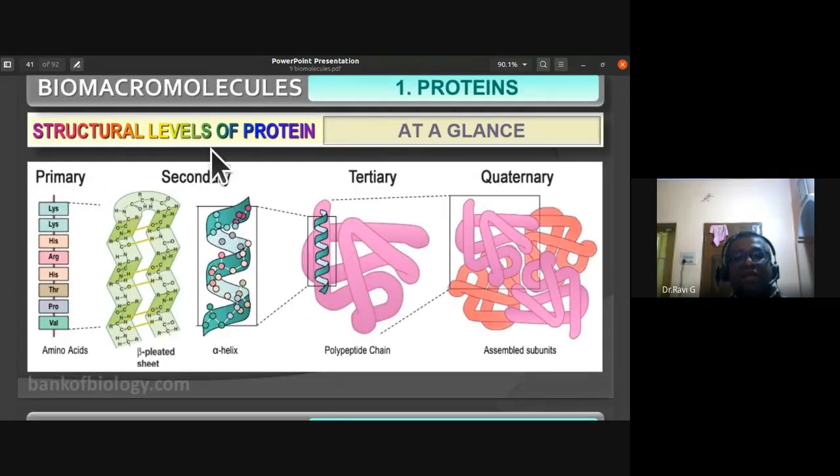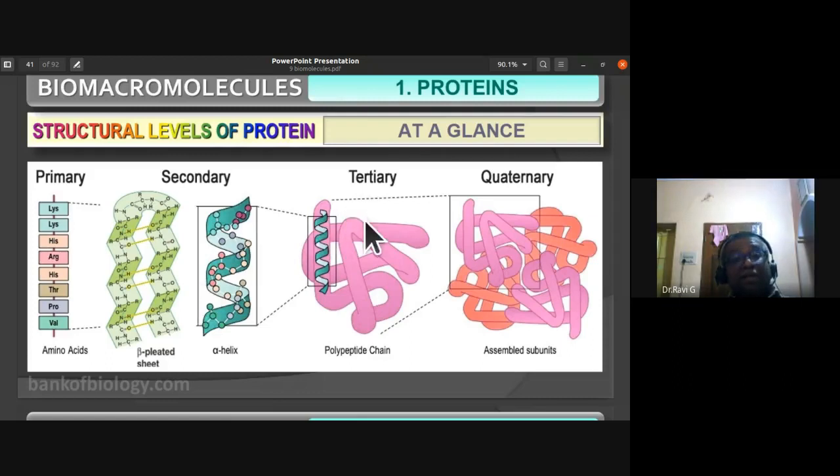So the structural levels of proteins, at a glance: the primary structure is a chain of amino acids. It's a polypeptide, not polynucleotide, it is polypeptide chains. In the secondary structure, you find that polypeptides are arranged in a helical structure.